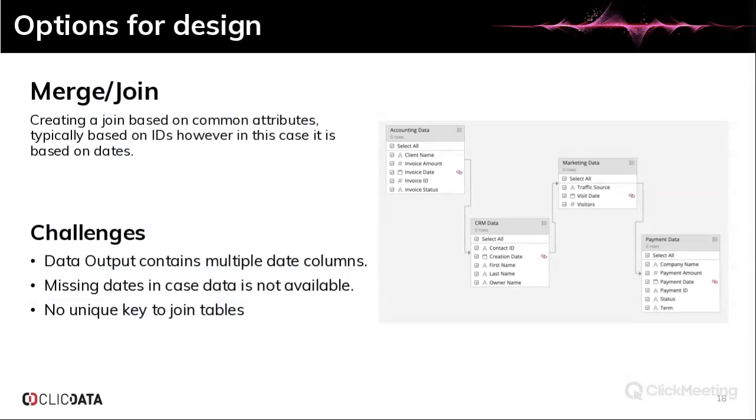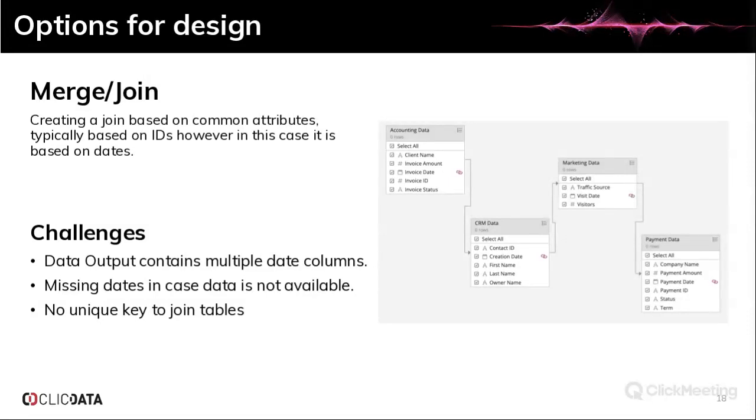Creating a join has its own challenge. You have 4 tables which do not contain a single primary key. They do not contain a single date. There are probably missing dates in some cases. Maybe on your CRM data, you have no contact created on Saturday or Sunday, but you have marketing traffic still visiting your website on Saturdays and Sundays.